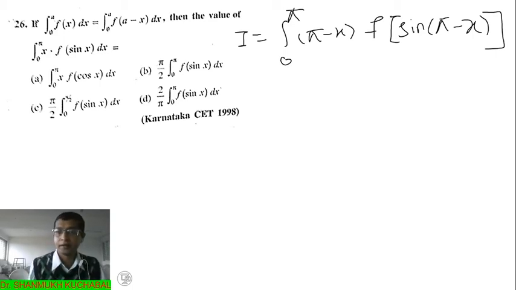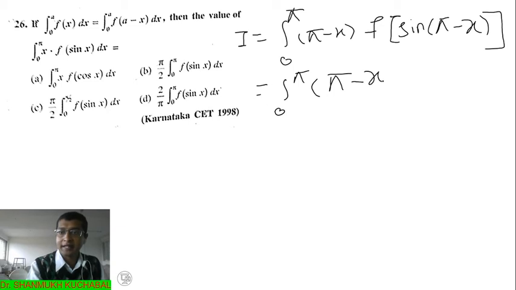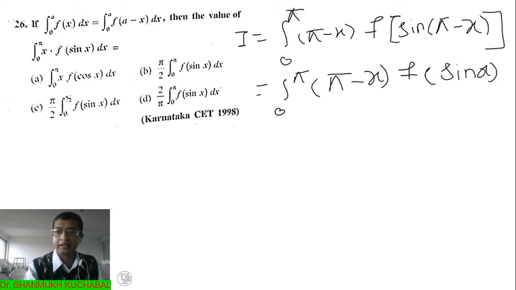Using the trigonometric formula, we simplify sine of pi minus x using allied angles, it is f of sin x. It is in the second quadrant, where sine is positive, into dx.